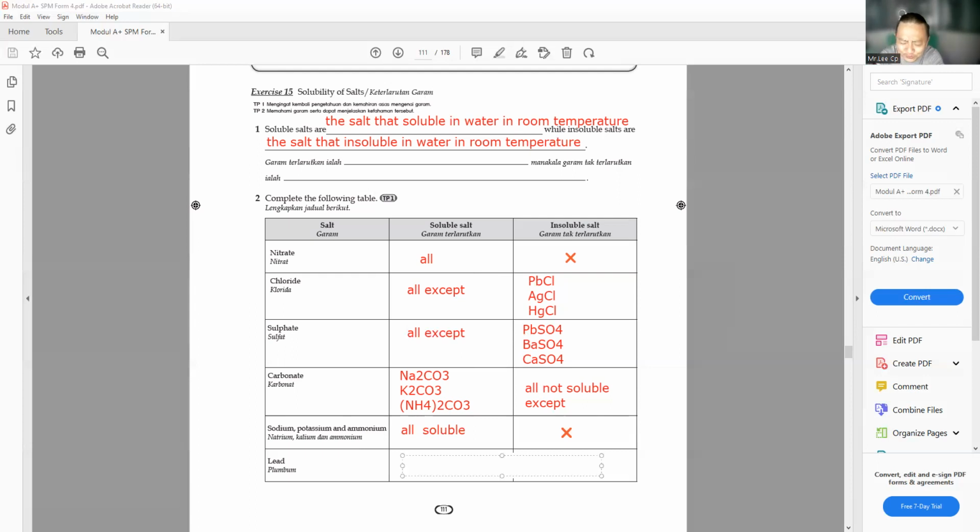Very good. Lead nitrate, all nitrate soluble. What is not soluble? All other not soluble. Lead nitrate is soluble. Very good. Very good. Right, arsenic, good.